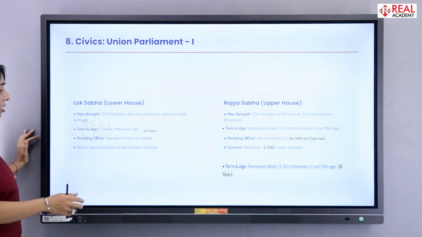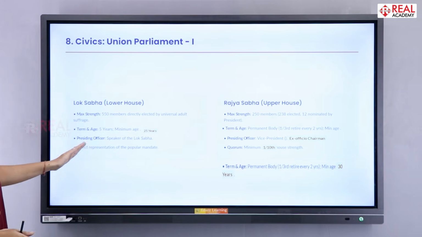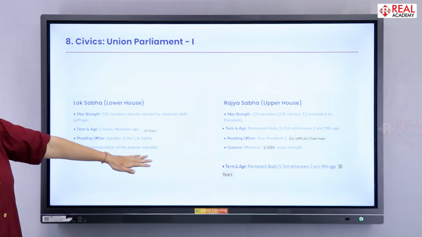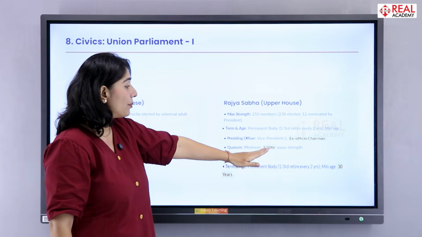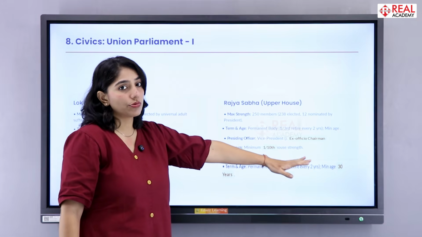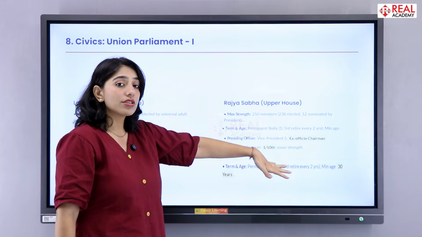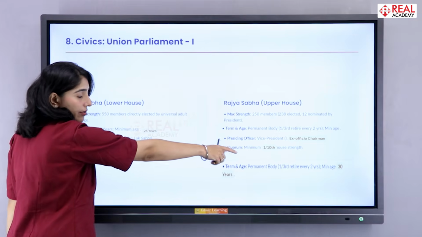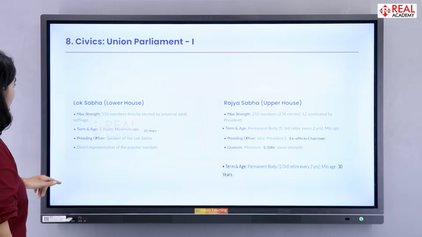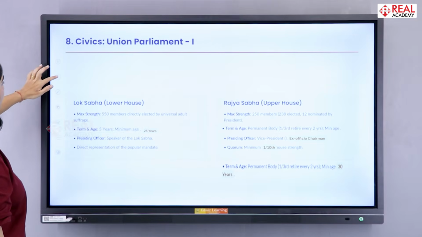Then we talk about the direct representation of the popular mandate. The minimum 1/10 of house strength is required, which is the quorum here. Majority of questions come on this. All right, so we now move to the next.